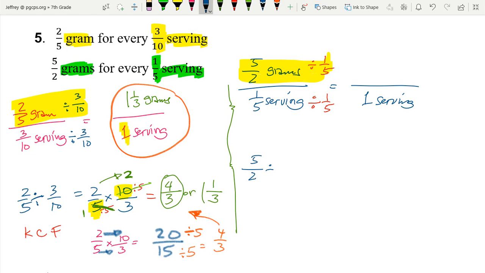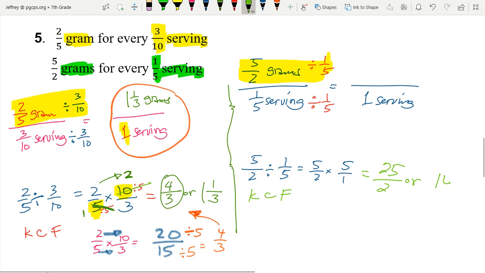5 over 2 divided by 1/5 would be 5 over 2 times 5 over 1, because we do keep, change, flip. Now let's multiply straight across because we can't cross simplify. So that's going to be 25 over 2, or what's half of 25? 12 and 1/2.